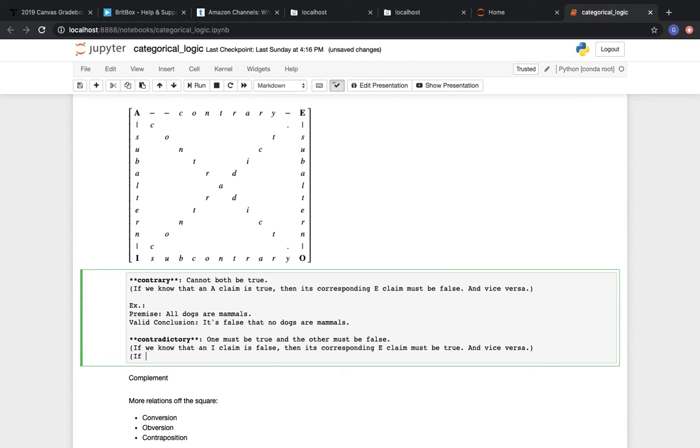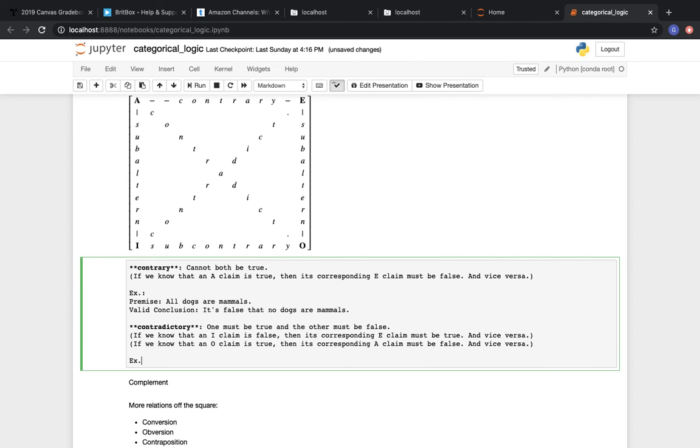So maybe I'll write that here as well. If we know that an O claim is false or true, either way, then its corresponding A claim must be false, and vice versa.